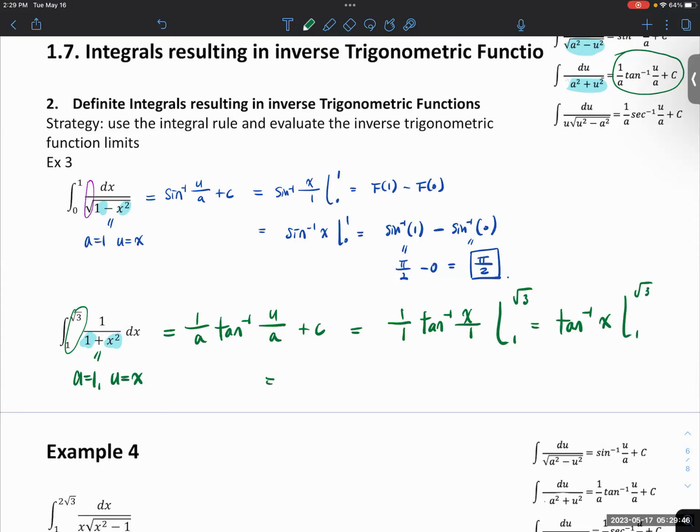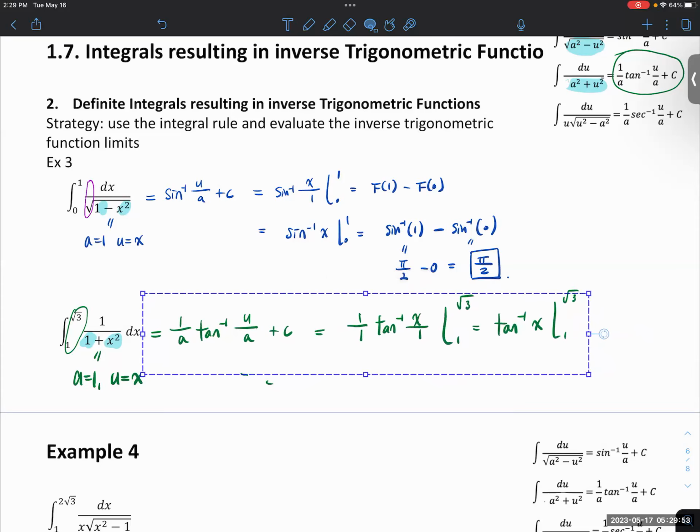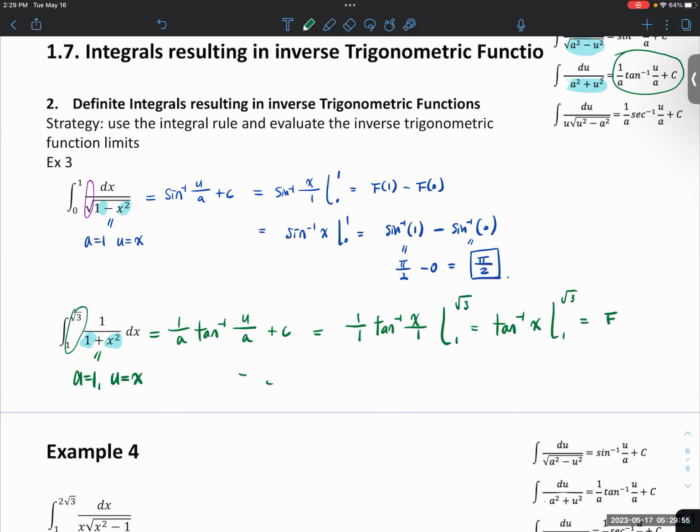So we know it means, let me minimize a little bit, capital radical 3 minus capital 1. So if you're plugging in tangent inverse radical 3 minus tangent inverse 1, you're going to subtract by using the decimal.